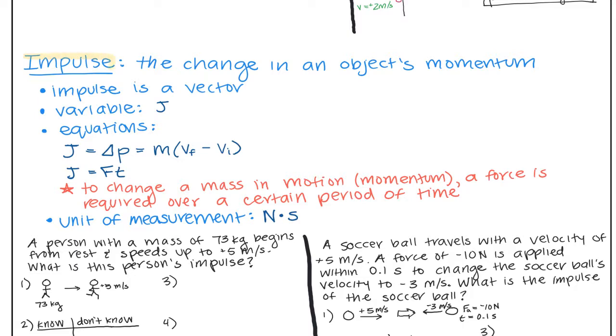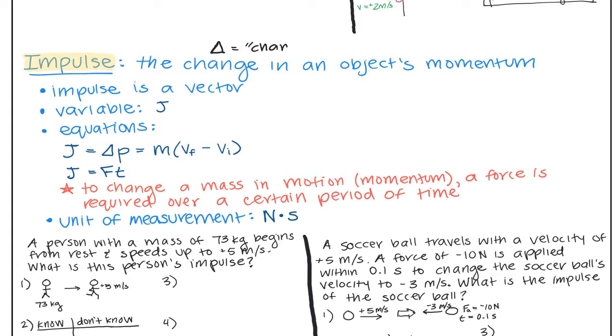So the definition of impulse is simply the change in an object's momentum. So remember, we know a symbol that indicates change. We know that the Greek letter delta, this triangle, means change.